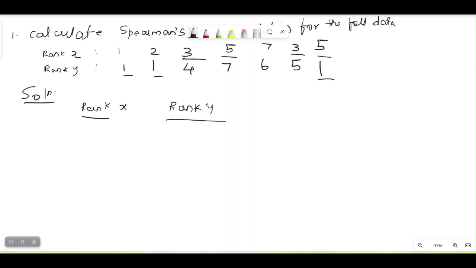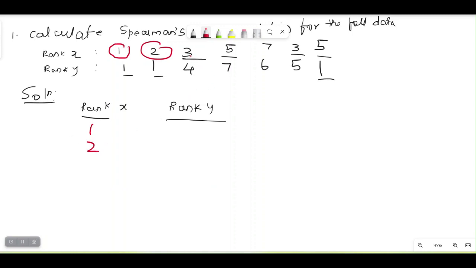But while writing the ranks, you have to be careful. You have to write only those ranks which are not repeated. So if you look at series X, rank 1 is not repeated, so you write it as it is. Again, rank 2 is not repeated, you write it as it is.